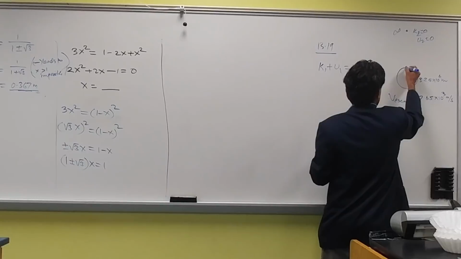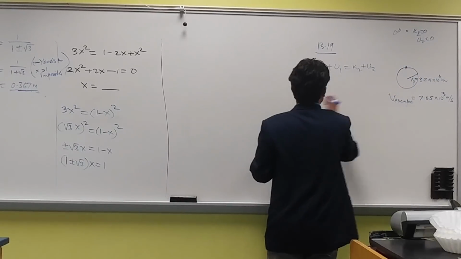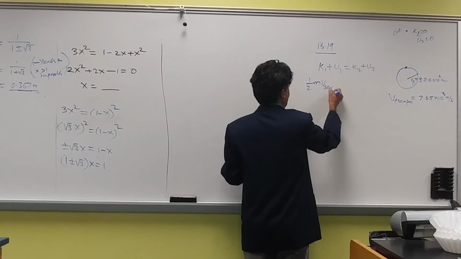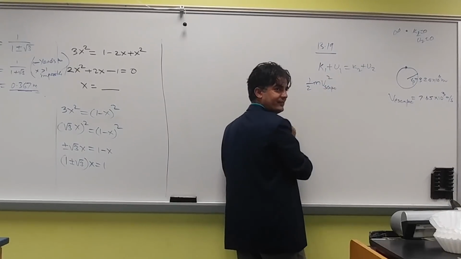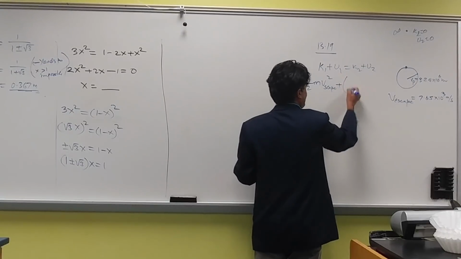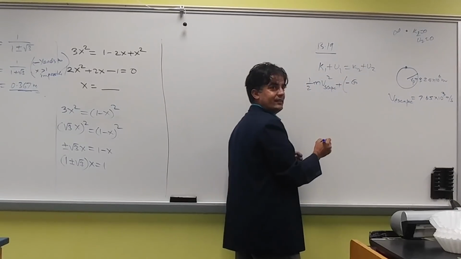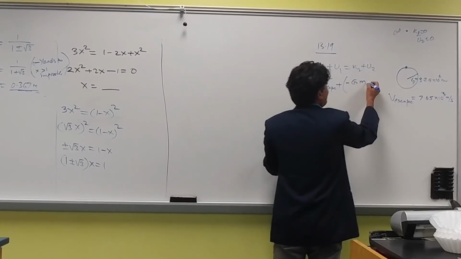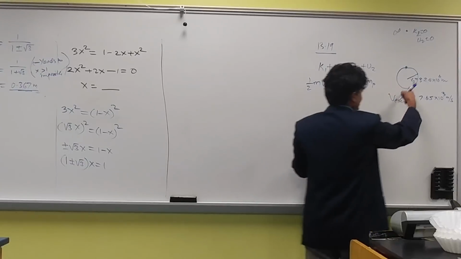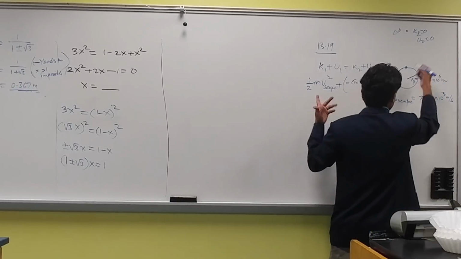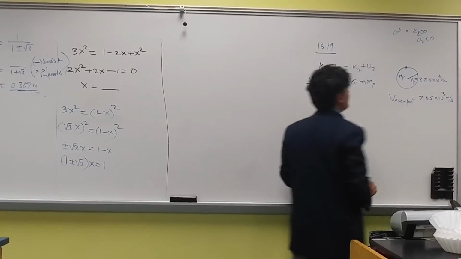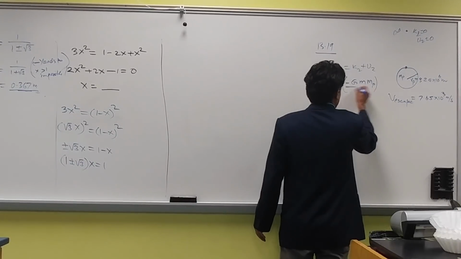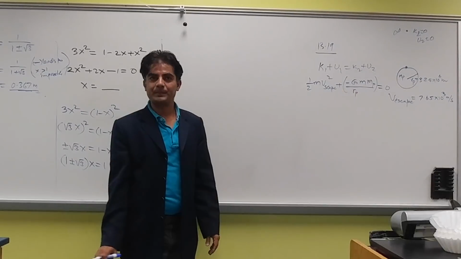For this one, K1 is 1/2 mass times velocity escape squared plus U1, which is minus G M, the mass of this object, times the mass of the planet. We don't know the mass of the planet, let's say M P, and that's okay. Then divided by the radius of the planet.